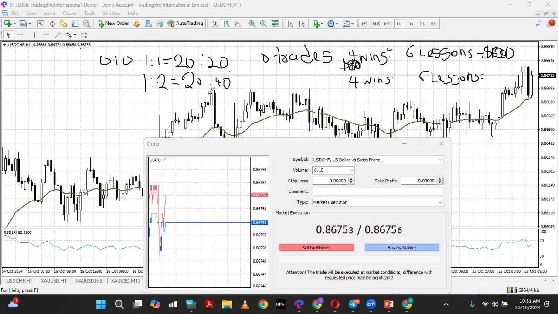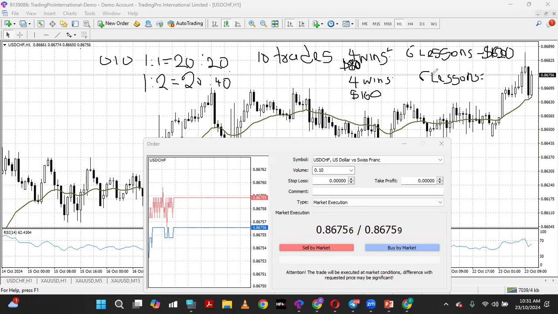Pay attention. So now he's doing 1:2. Every trade he's risking $20 to gain $40. If he wins 4 trades, how much has he gotten? That should be $160. Now, for every trade he loses, $20.